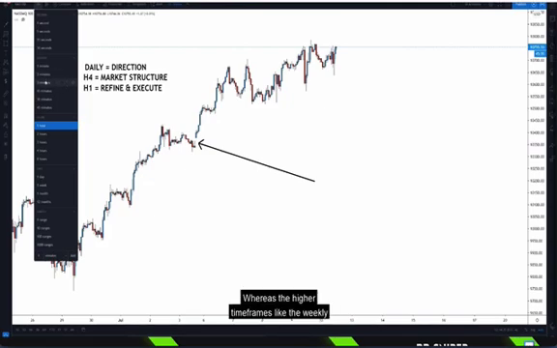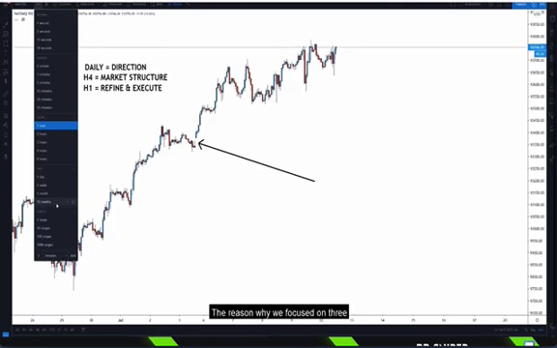Whereas the higher time frames like the weekly and the monthly and the yearly give you the advantage of condensing a lot of information into less candlesticks. So these time frames, they are to be used together.